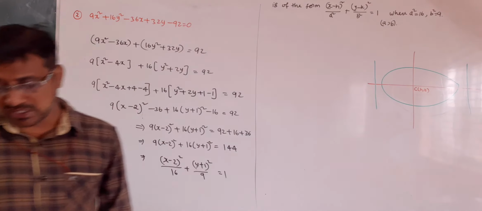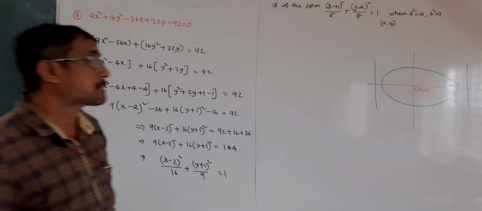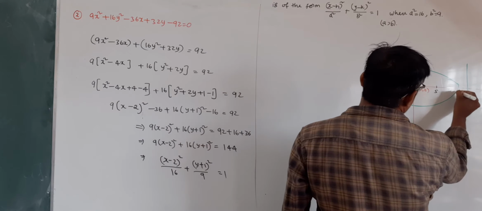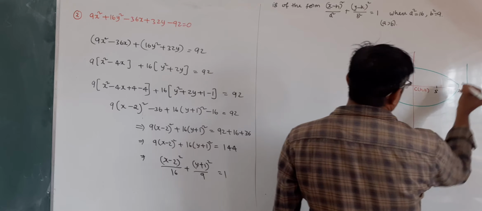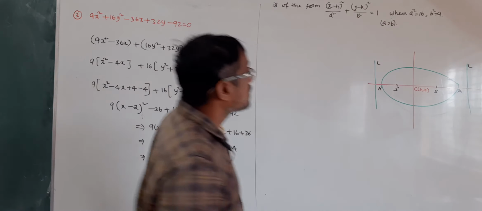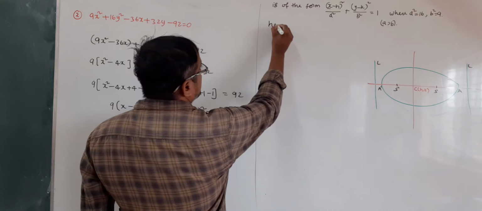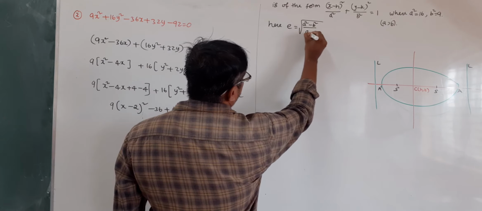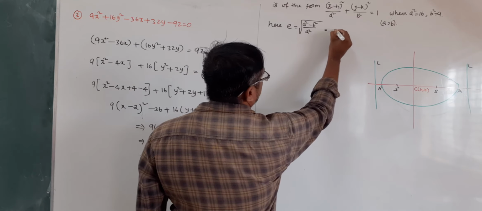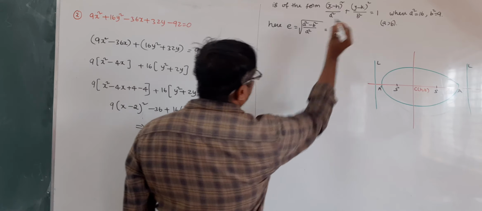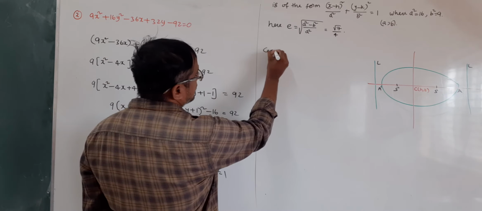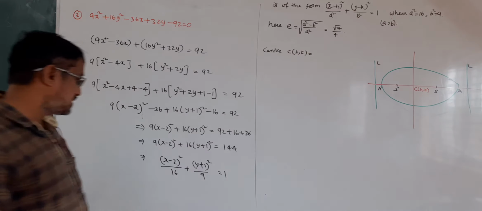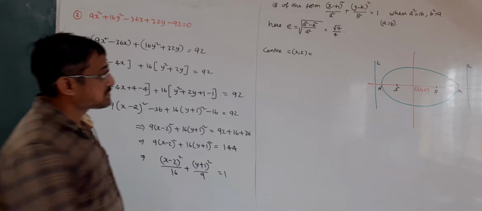Let us find the details about this ellipse. So here the eccentricity e is equal to root of a square minus b square by a square. So it will be root 7 by 4. So the center of the ellipse is h comma k, where h is 2 and k is minus 1.